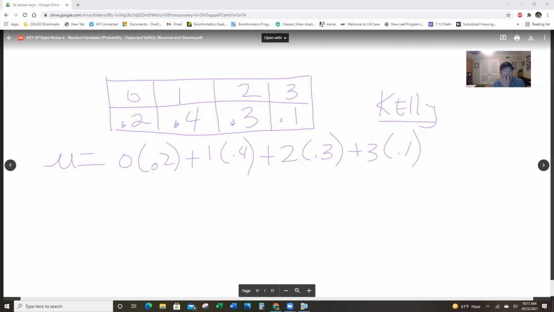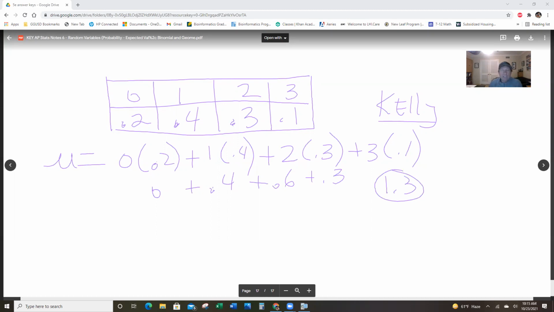That's going to be the mean. So this obviously makes 0 plus 0.4 plus 0.6 plus 0.3. Okay, 0.4 and 0.6 is 1, plus 0.3 is 1.3. So her average number of times she goes to the free throw line is 1.3.